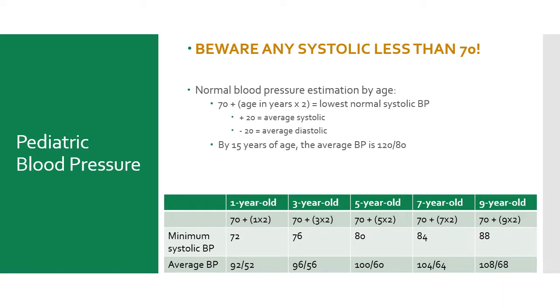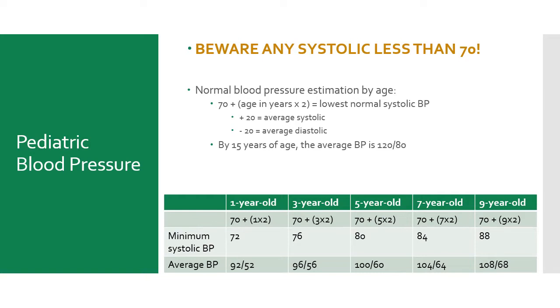We need to understand normal values, and when we're talking about shock and cardiovascular disorders, one of the things we're concerned about obviously is end organ perfusion, and that still requires a mean arterial pressure of roughly 65. So normal blood pressure is estimated by age. A newborn typically has a blood pressure in the 60s, but as we get closer to a year old, this is the formula that we use.